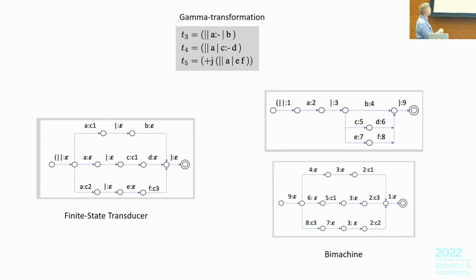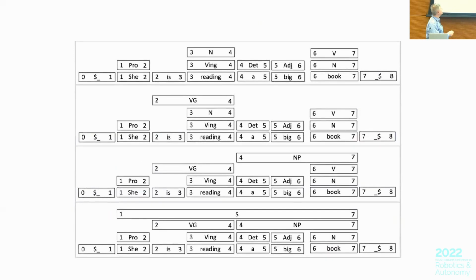So here, finite transducers. You can potentially have millions of these things and apply a transducer to your input sentence, and you apply it repetitively. It looks a little bit like this.